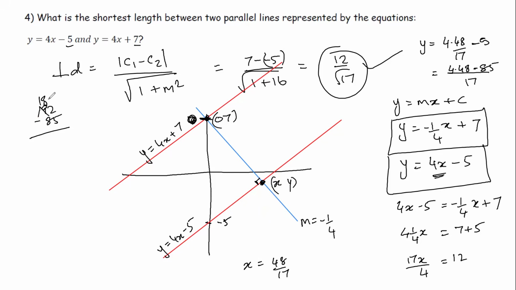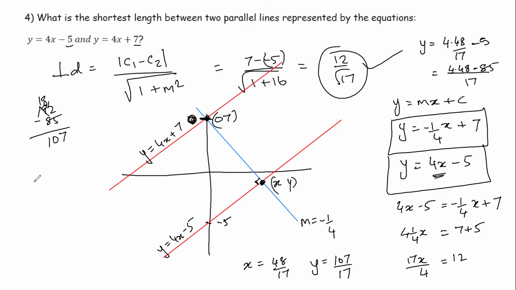So I get 107. So 107 by 17 is my value of y, correct?